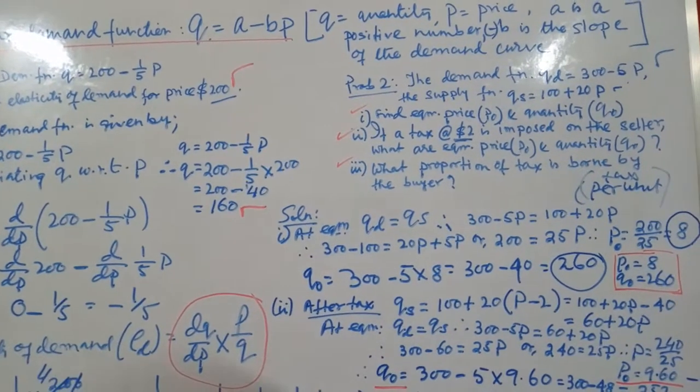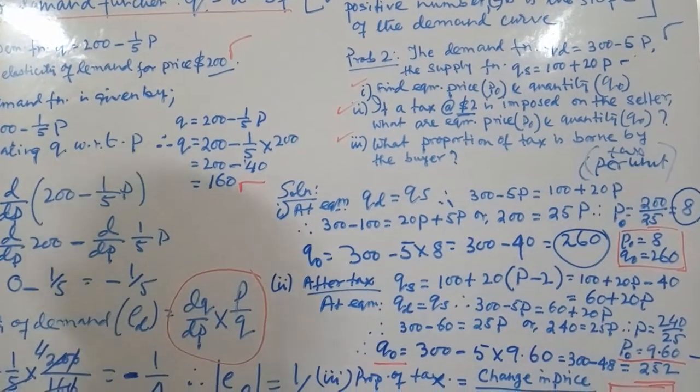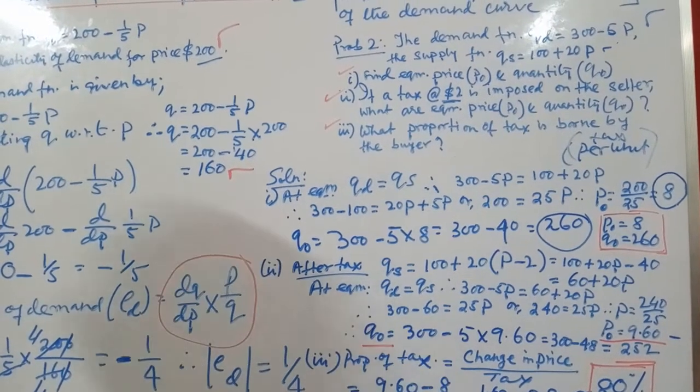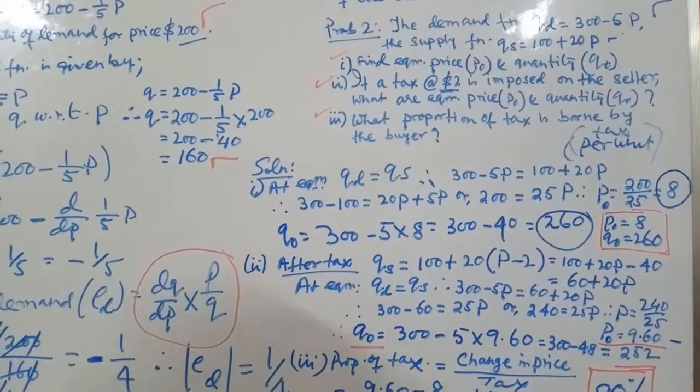Now come to part 2. If a tax at the rate of $2 is imposed, then what will be the equilibrium quantity and equilibrium price?